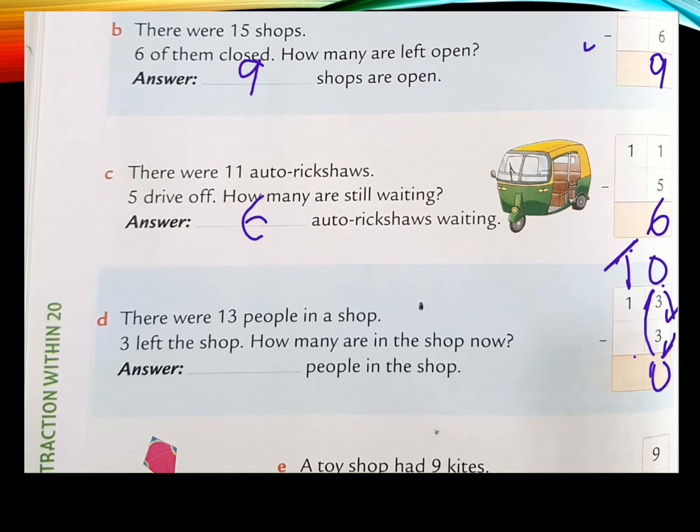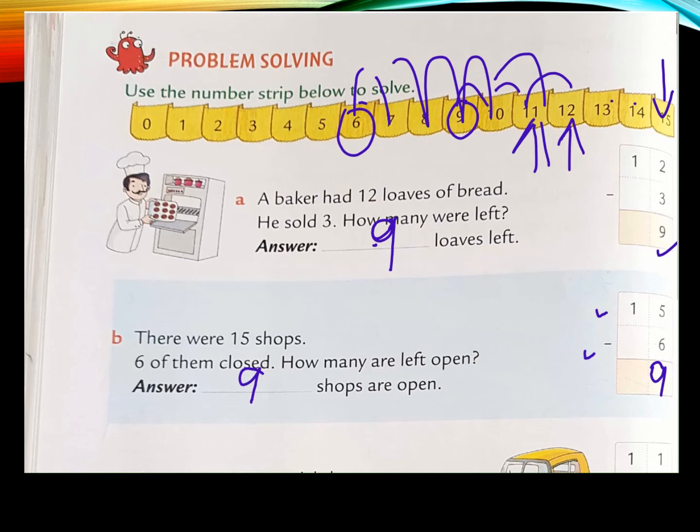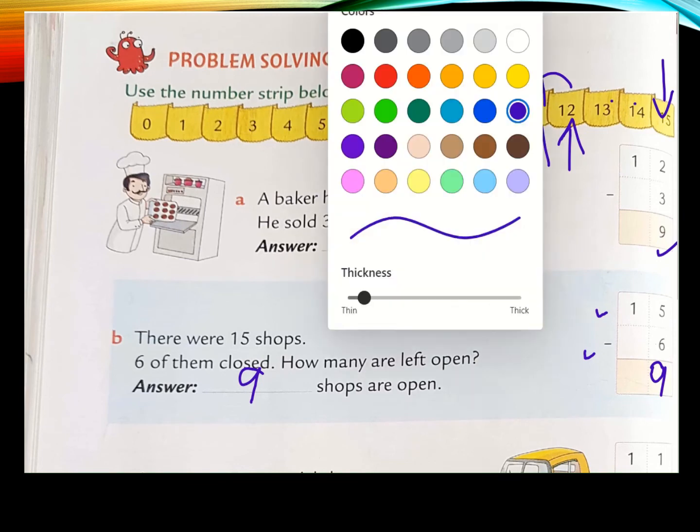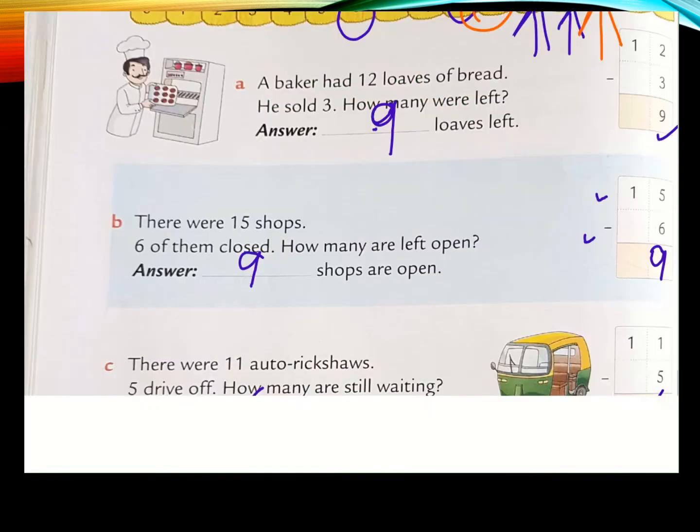And then bring this one down here. So that will be 10. Or you can use the number strip, that is 13 minus 3. 1, 2, 3. And the answer is 10.